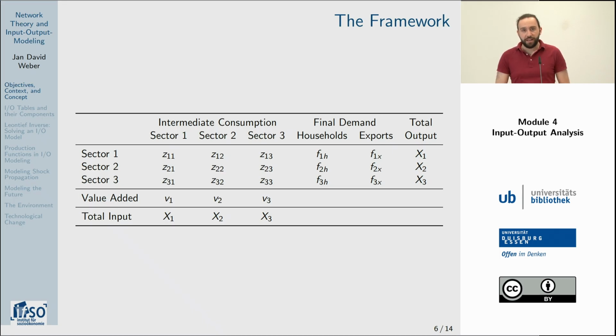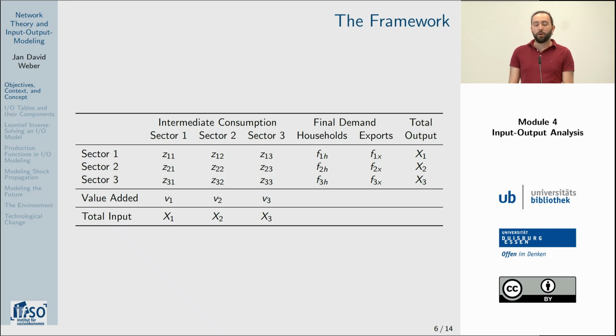And the magic in input-output modeling is that every row has to add up to its column. So the total output in sector 1 must be equal to the total input in sector 1. So this is where value added comes in.